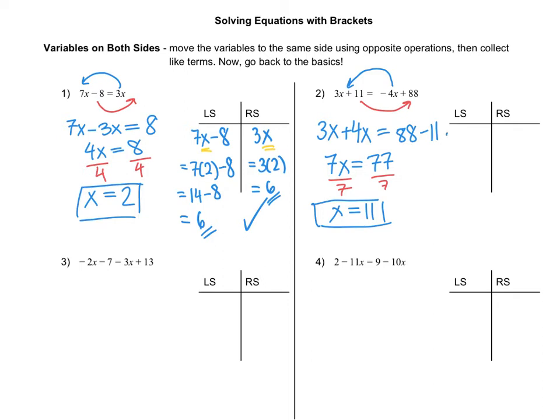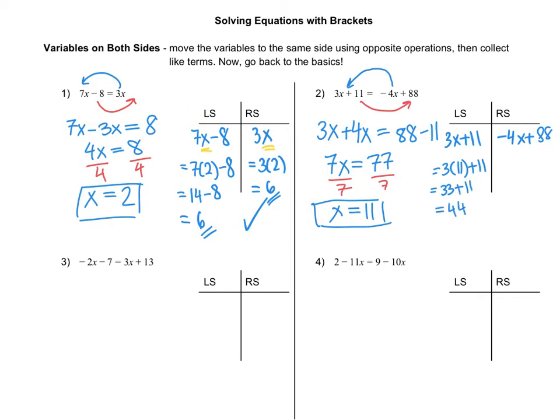So on our left side, we have 3x plus 11. And on the right, we have negative 4x plus 88. So 3, and then instead of x, I'll put 11. So that's 3 times 11 is 33, plus the 11 is 44.